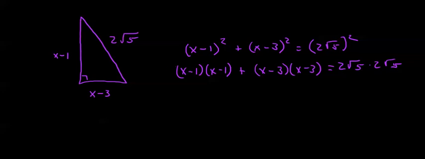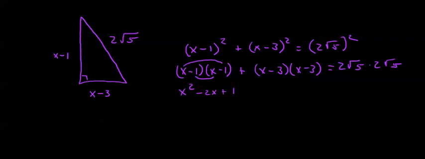And then we multiply, binomial multiplication. x times x, x squared, minus 1x, minus 1x, minus 2x, plus 1.